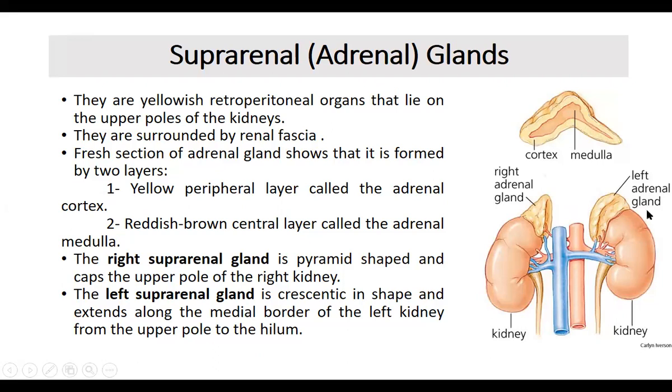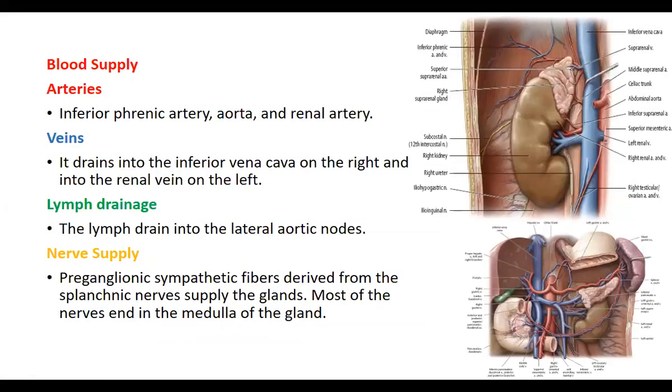This is the medial border and this is the lateral border of the kidney. So the right adrenal gland is pyramidal in shape and sits only on the upper pole, but the left suprarenal gland is crescentic in shape and it covers the medial border of the left kidney also, along with the upper pole. Okay, so that is the difference anatomically.